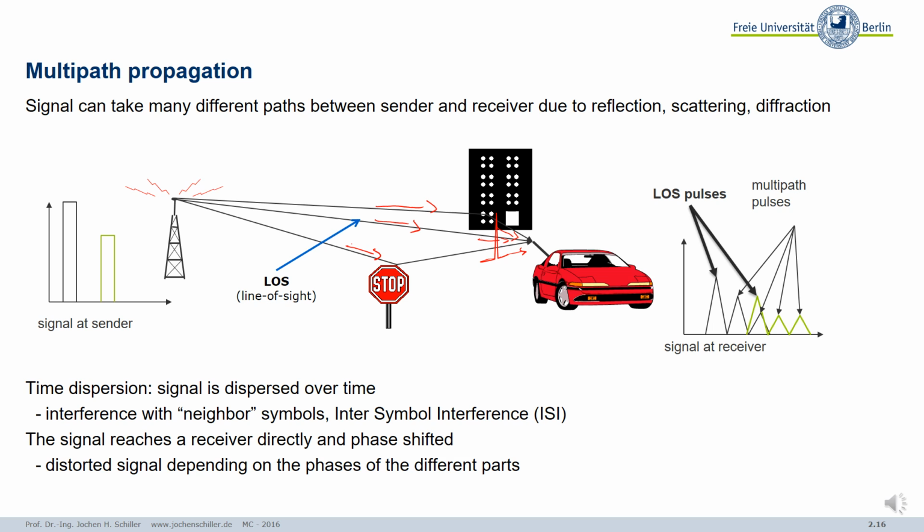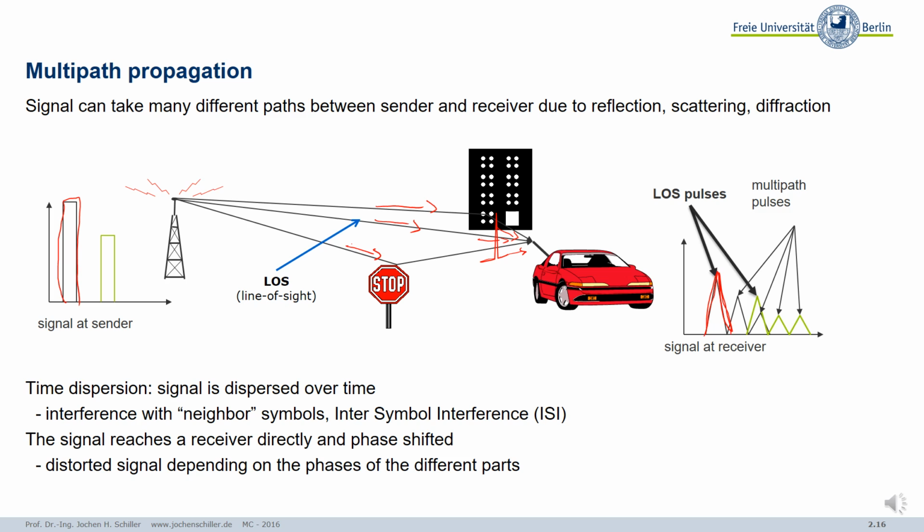What happens? We learned that it takes some time for the signal to travel from the sender to the receiver. So what happens if we only look at one of the signals? The first one here. So we send out this peak, just for example. What we receive is first of all the so-called line of sight pulse.